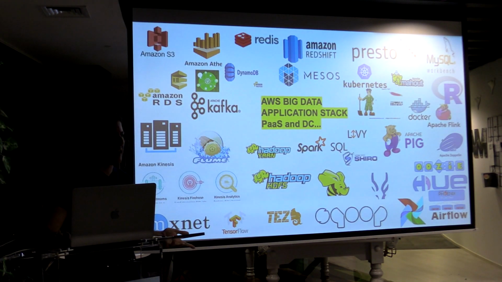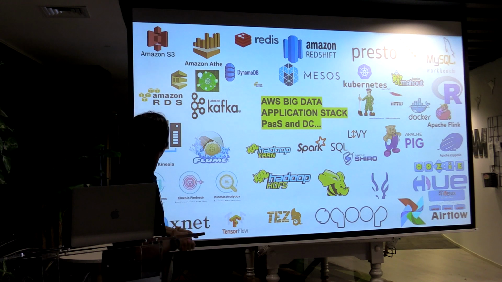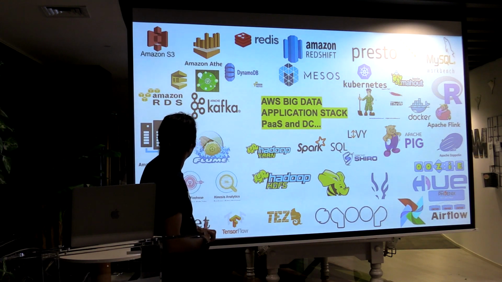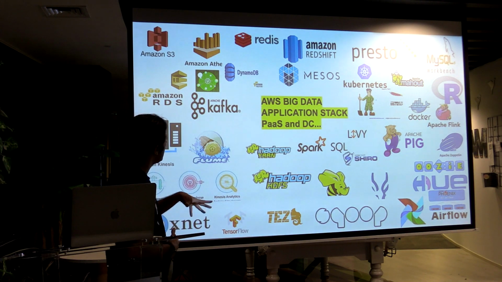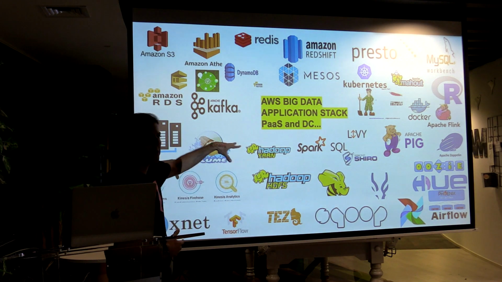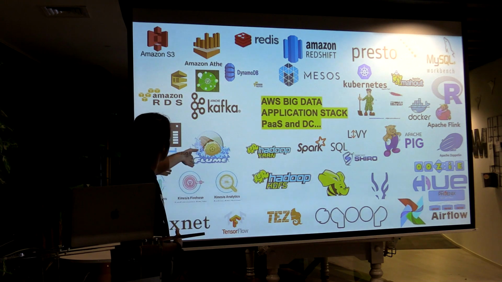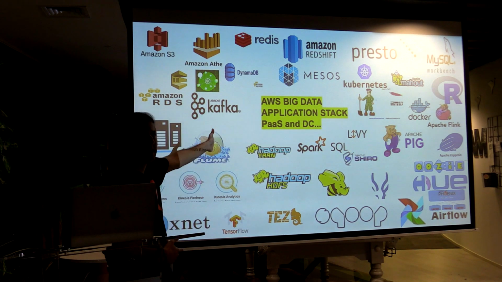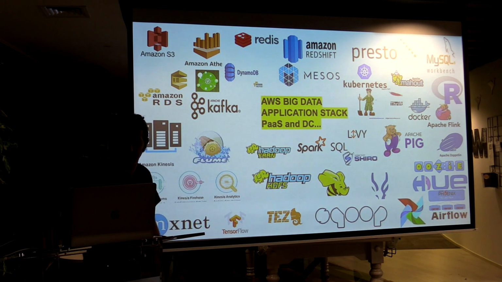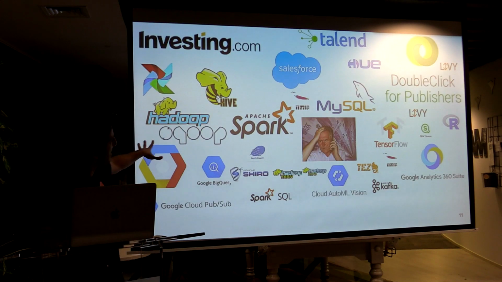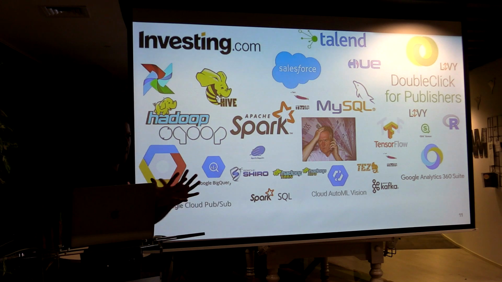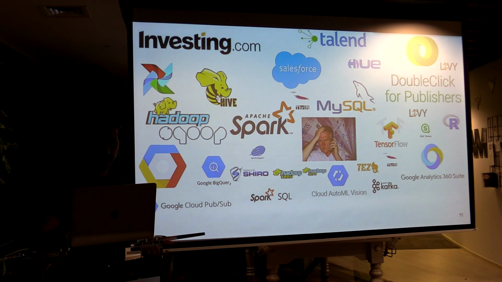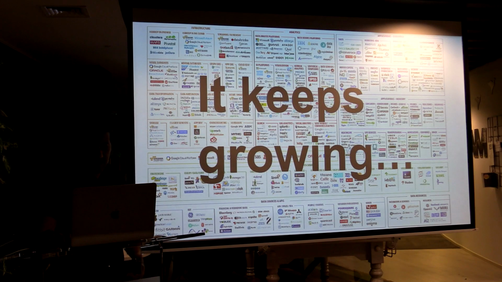An example of stacks for several of my projects, for example, in AWS, in a customer, Walla, 3 years ago, this was the stack. You can see the list of technologies actually being used in that platform. And in investing.com, this is an example of all the technology stack being used. A bit shorter list, but still very hard to maintain. And it keeps growing. The ecosystem is vast.